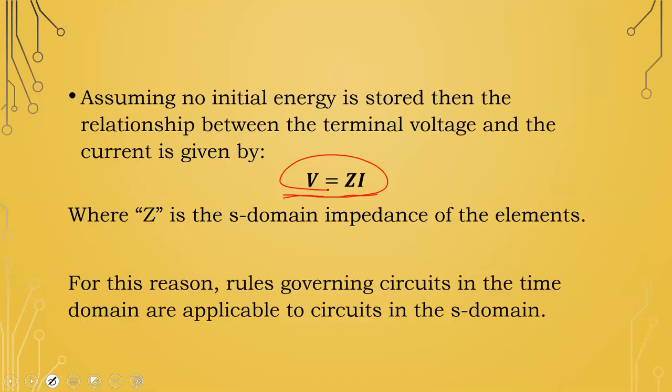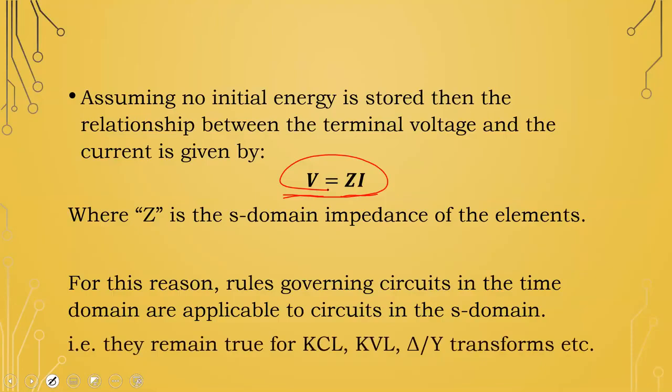The rules governing circuits in the time domain are applicable to circuits in the S domain. What do we mean by that? All this is saying is that Kirchhoff's current law remains true. The voltage law remains true. If I'm doing star delta transforms, those remain true.